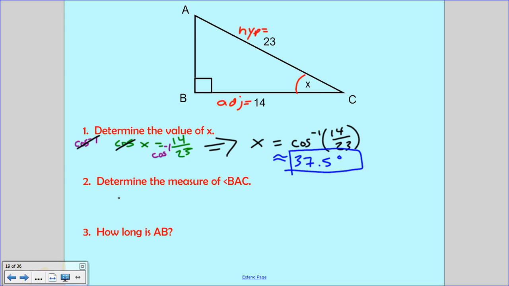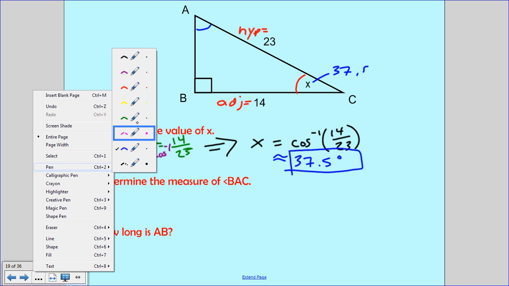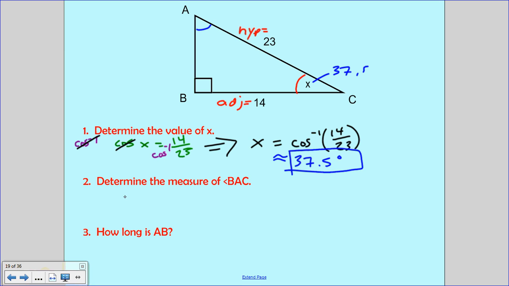Alright. Now it wants to determine the measure of angle BAC. So if I trace it, BAC, A is the vertex. So this is the corner that we're looking for. Well, we now know that x is 37.5. And x together with A, which is what we're looking for, will equal 90. So that means 37.5 with A is equal to 90.